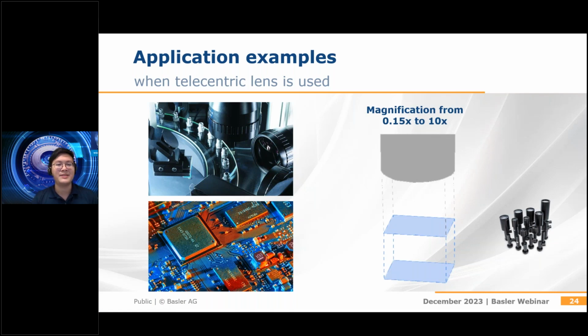This is very suitable for applications that require eliminating parallax error or minimizing image distortion. Therefore, these lenses enable highly accurate measurements, particularly useful in applications like dimensional inspection, such as checking for pin bends on a circuit board, or even robotic guidance.